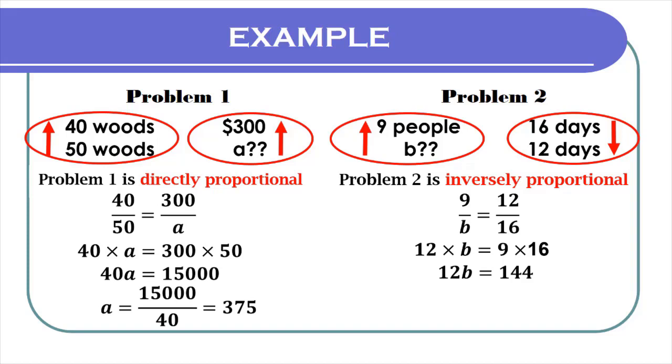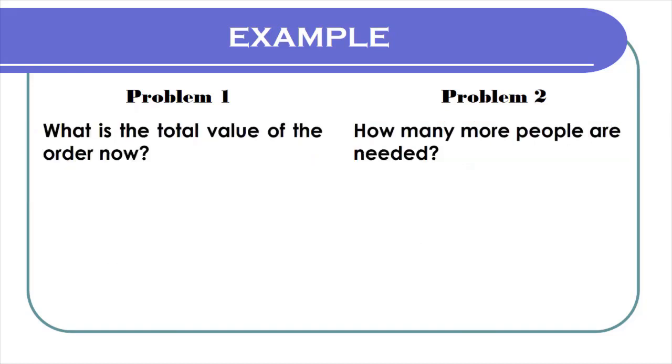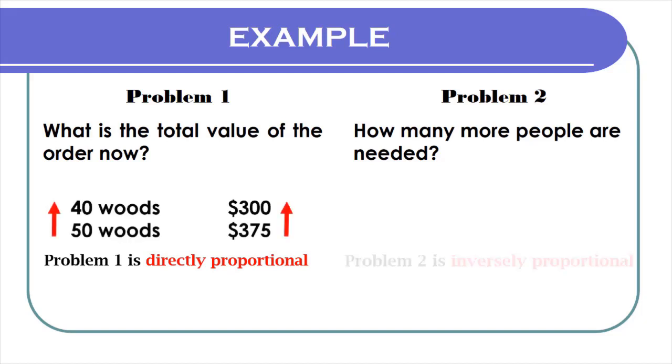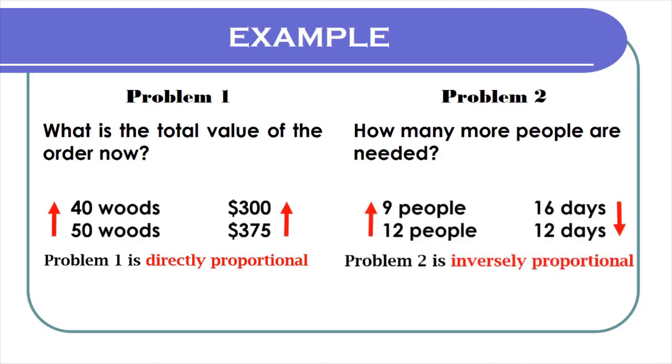The value of a is 375. The value of b is 12. So you understand the difference between how to solve direct proportion and inverse proportion problems.